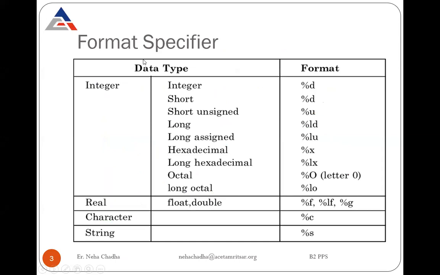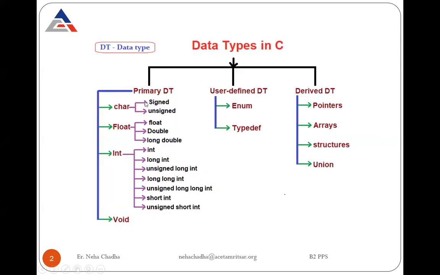Here, firstly, I will define the format specifier. In the previous PPT, we covered the data types that are available. In yesterday's session, we covered int A, int B. What does it mean? It means I have given some type of data.